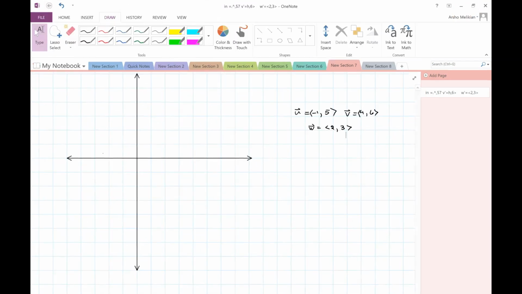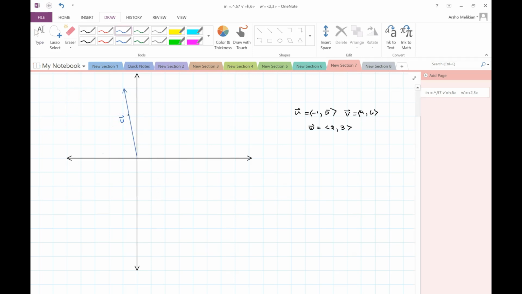I'm going to draw vector U, and let's draw vector U in blue. Right, so vector U, we go left 1 and then up 5. That's right there. Is that right? Right, so that's vector U.